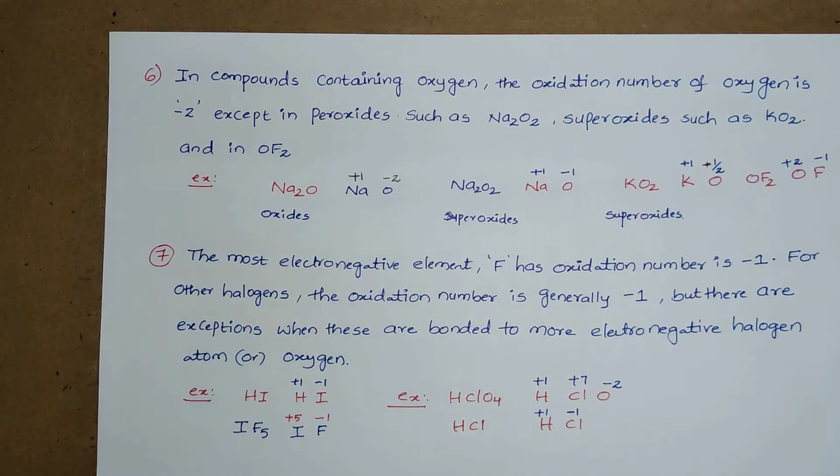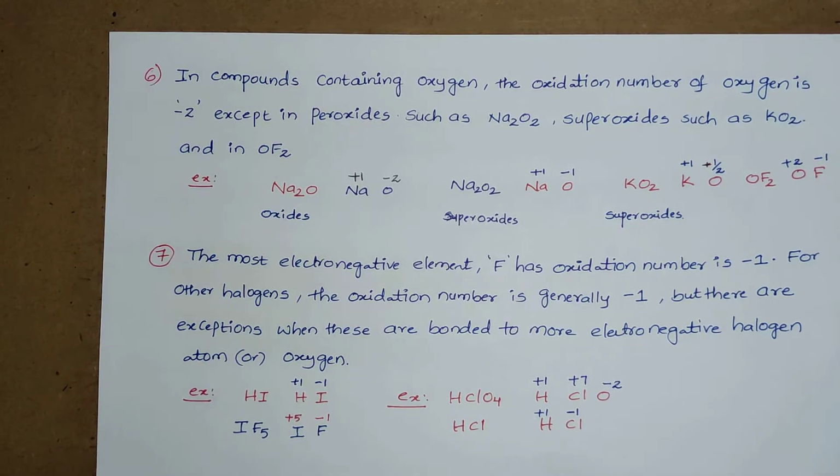So, coming to the sixth point. In compounds containing oxygen, the oxidation number of oxygen is taken as -2, except in peroxides, superoxides and OF2.